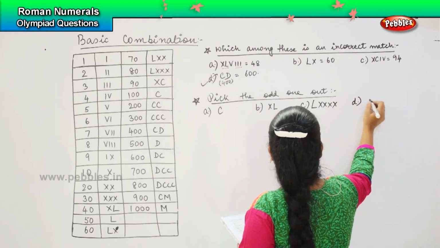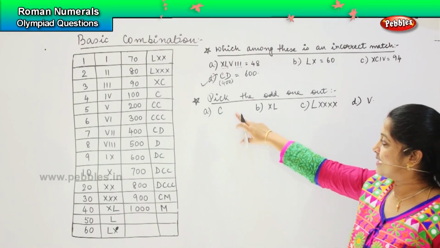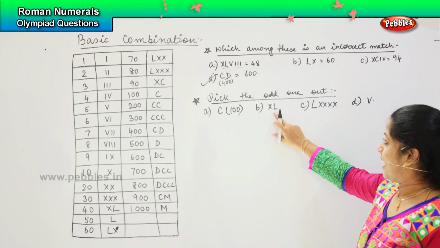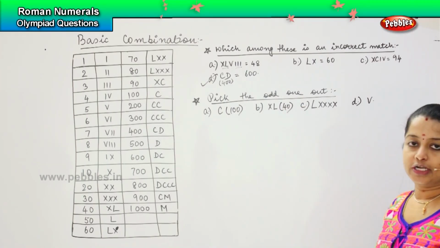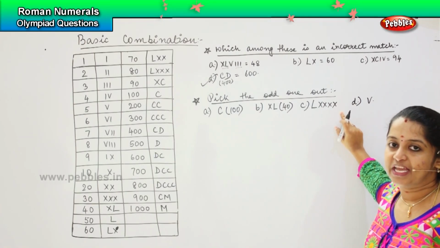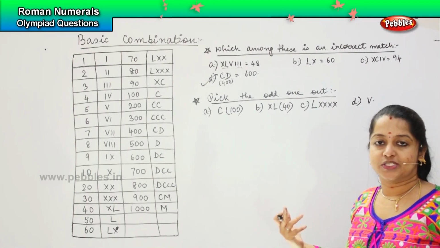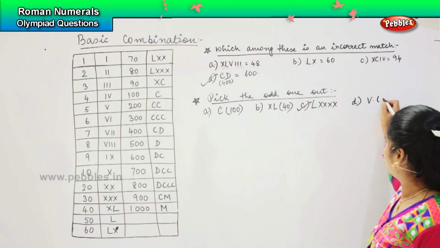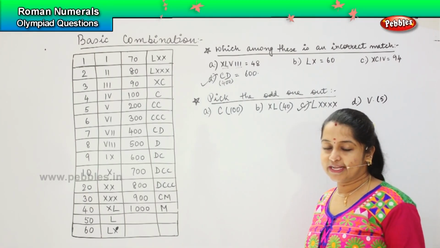And option D, V. So tell me which is the odd one out, children? C. It has the value as 100. XL. Very good. It has a value of 40. L followed by 4X. There is no such value here because the X is repeated 4 times, which is not possible. So this is the odd one out. And we know V is 5. Clear? Shall we move to the next one?